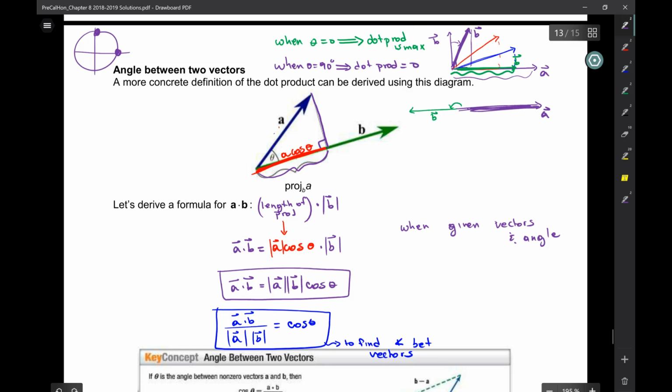What does it have the same direction as? Vector B. Okay? So this has a length of A cosine theta, and it's got the same direction as vector B. So somehow I need to give it the direction of vector B with its magnitude.